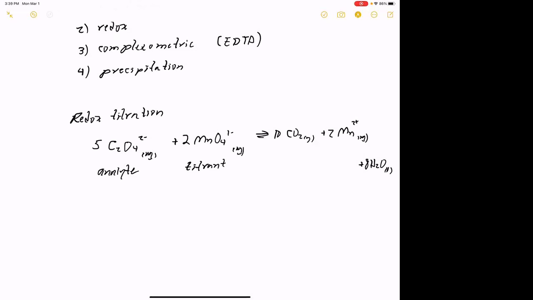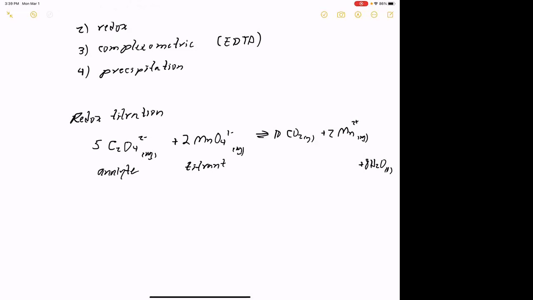Now, when we do this, what do we have to know about the titrant before we ever get started? We have to know enough about our titrant to be able to get moles of it.